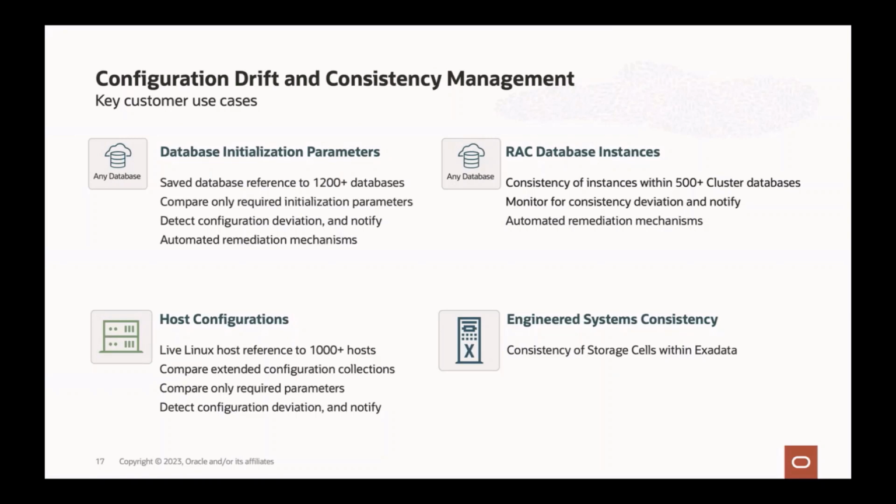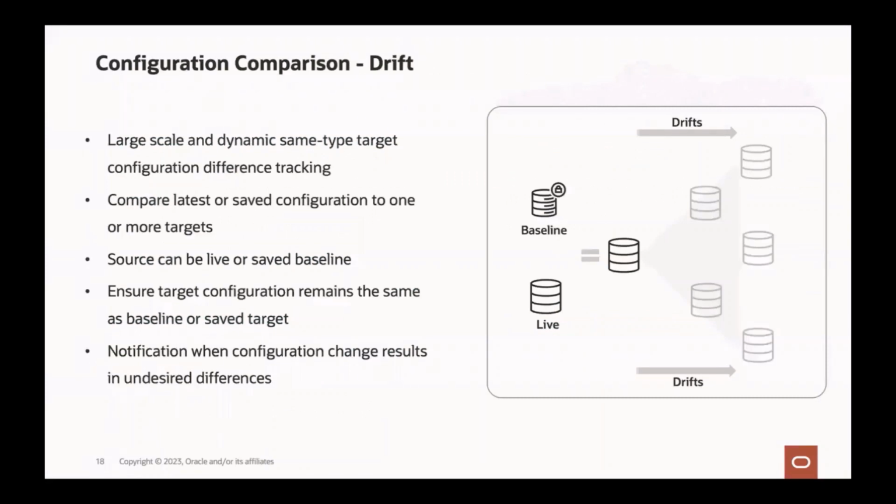Configuration drift and consistency management will take care of it. Another crucial example is with RAC database instances. The goal is to ensure all of the instances within cluster databases are consistent as far as well-defined configuration parameters are concerned.